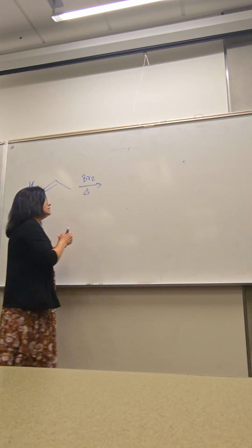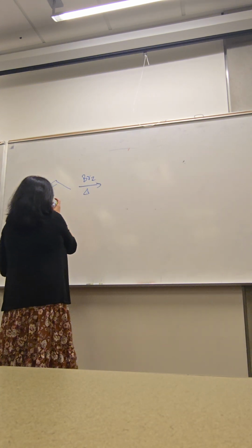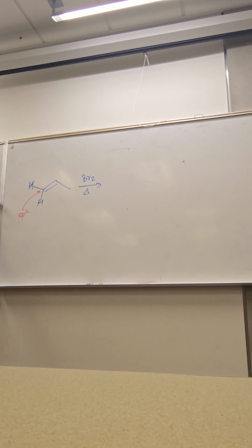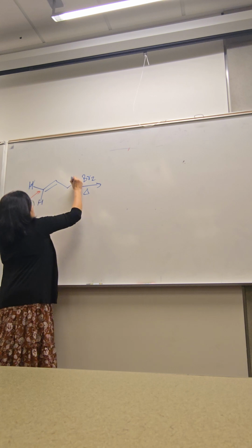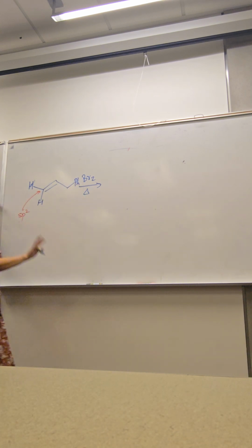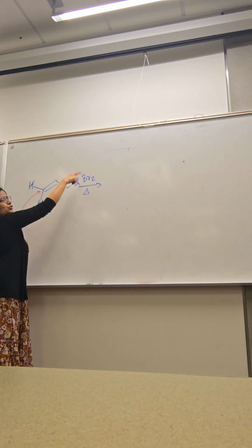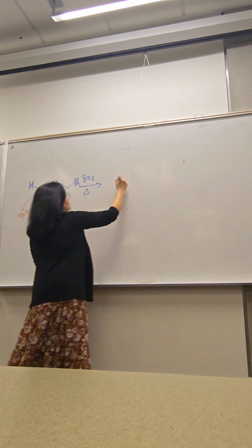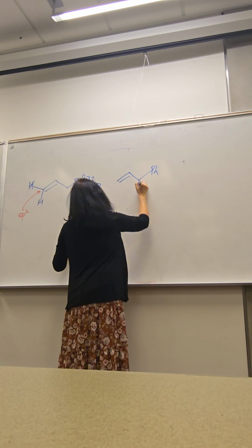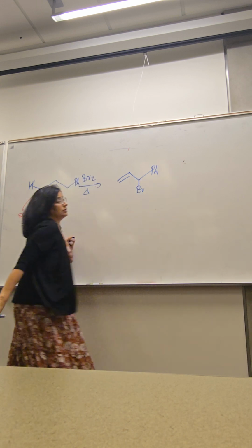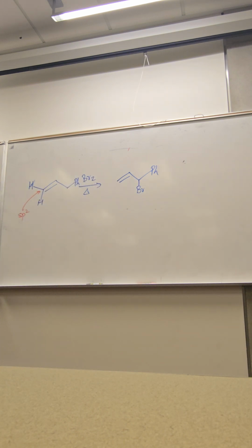So we expect... I'm going to add a phenyl group there. It's still one, it's just that those are sp2s as well. So do you agree that this would be our expected product? Is that right? Yes.